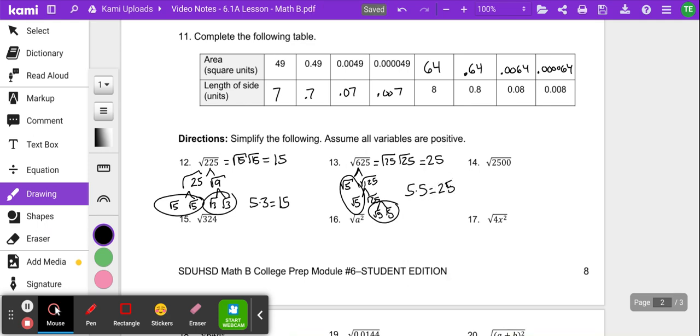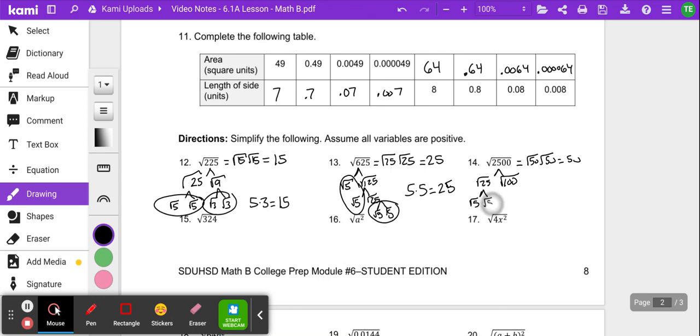Okay? Like this one, I might not know off the top of my head that that's 50. That's square root of 50 times square root of 50, so I get 50. I might see a 25 in there and 100. Maybe I recognize that those are perfect squares. So I go, oh, that's 5 times 10, which is 50. If I don't recognize they're perfect squares, I can always break it down.